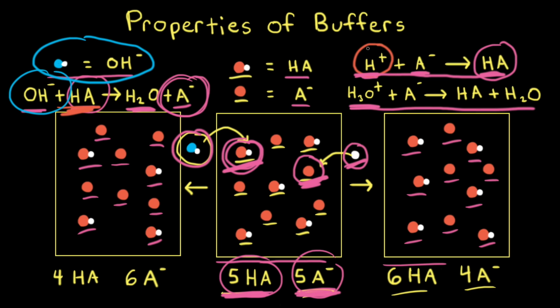If we add a small amount of an acid, H+, to a buffer solution, the conjugate base that's present, A-, neutralizes the added acid. Therefore, the buffer solution resists a change in pH. And if we add a small amount of a base, the weak acid that's present will neutralize the hydroxide anions. Therefore, the buffer solution resists a change in pH.